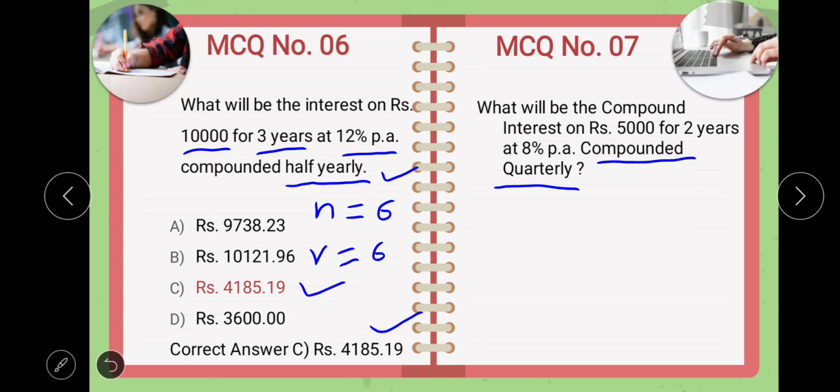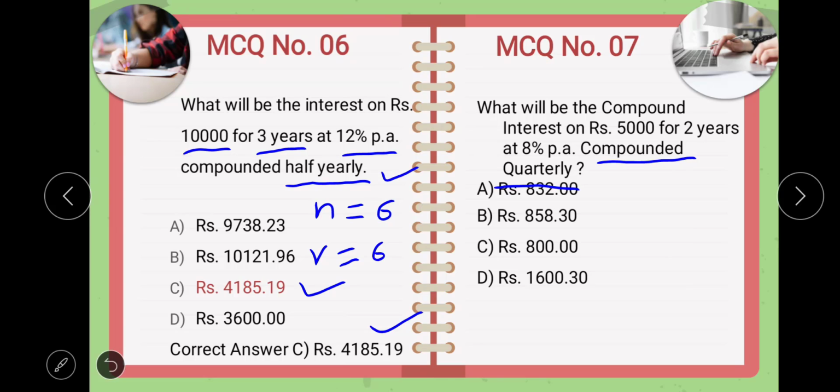So the options are given here: option A rupees 832, option B rupees 858.30, option C rupees 800, and option D rupees 1600.30. So what is the correct option and how to calculate this?